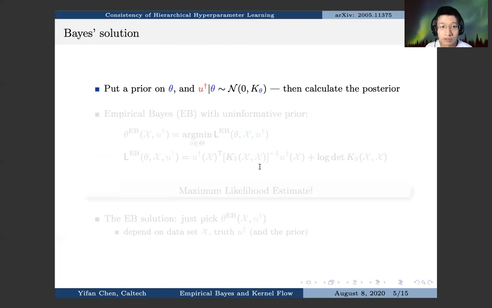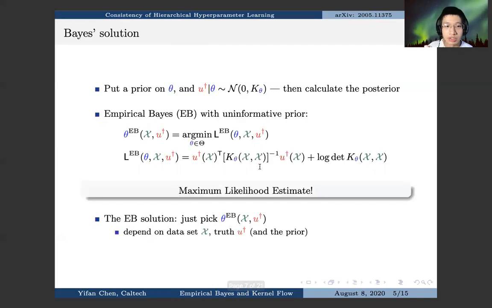We start with the Bayes solution. The Bayes perspective is to put everything in a probabilistic way. So we put a prior on theta, and we assume U dagger is a Gaussian process. Then, using this probabilistic model, we can use the Bayes rule to calculate the posterior.